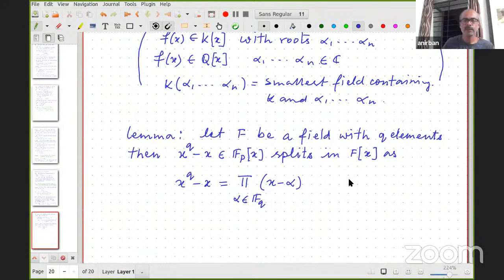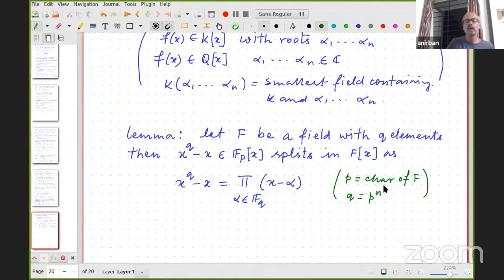Okay, let me just write it here. So p is the characteristic of F, and q is a power of p, say p to the n. So that would always be the notation.